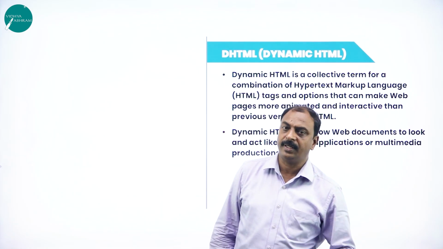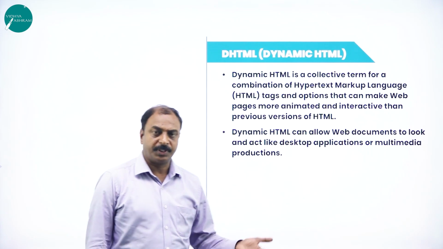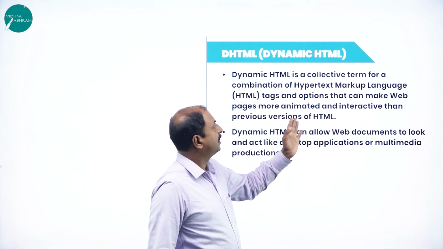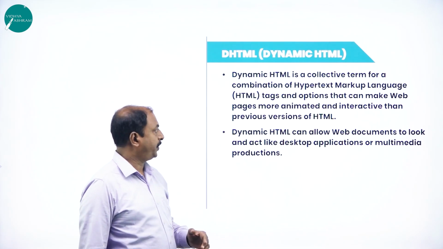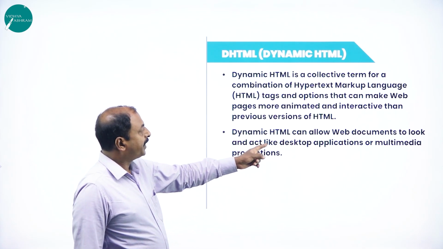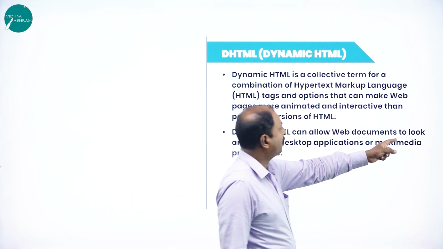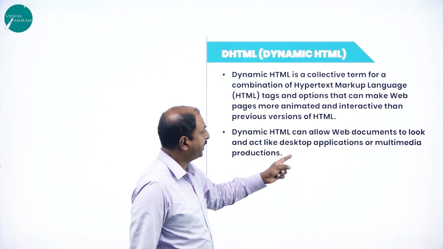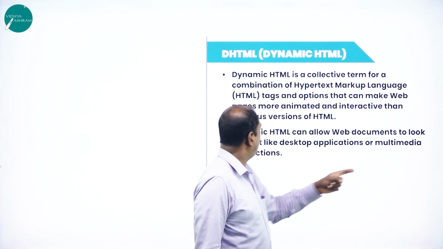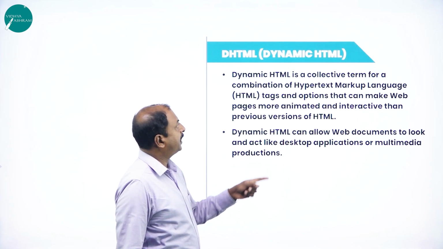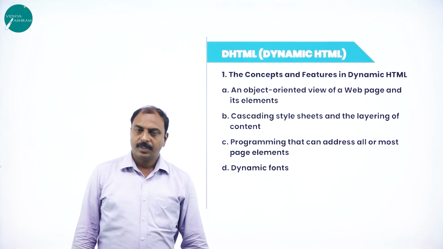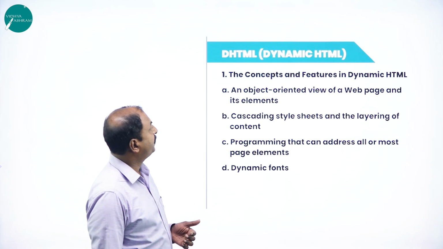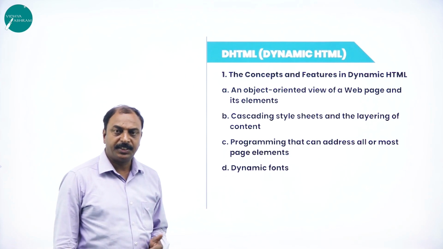It gives us more options and more animated pictures, as well as more interactivity. Next, dynamic HTML can allow web documents to look and act like desktop applications or multimedia products. Now let us see the features of DHTML.